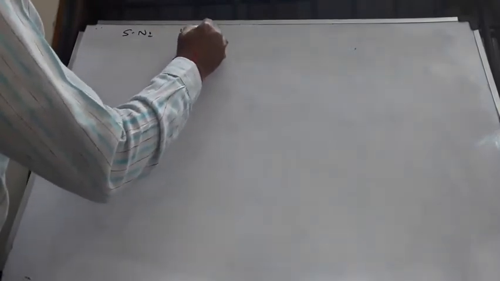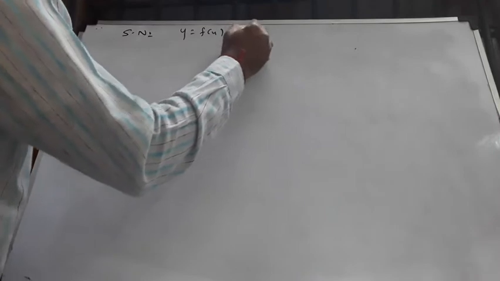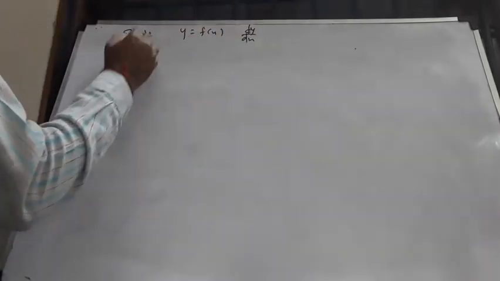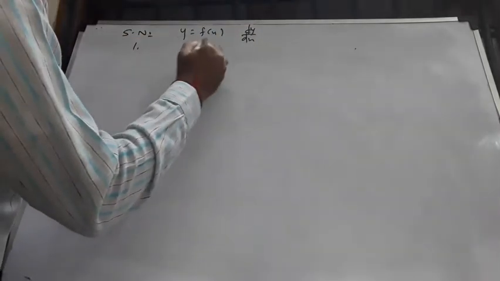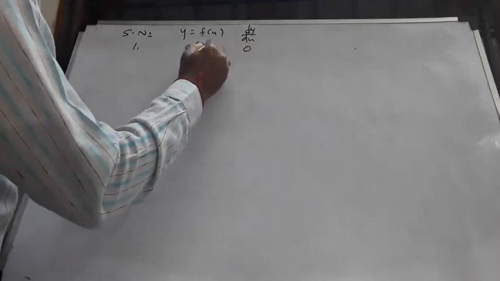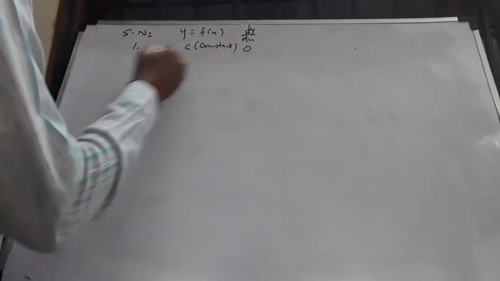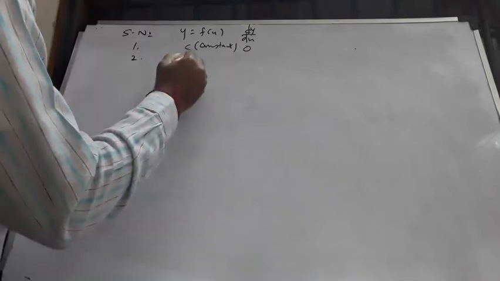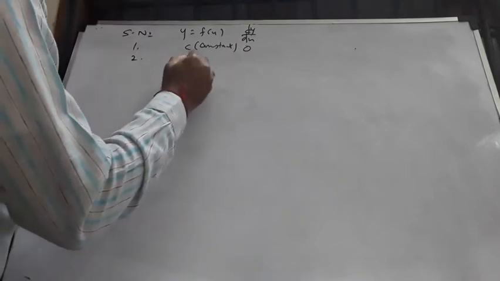Let me list out serial number, y is equal to f of x, this is dy by dx. When it is a constant, derivative is 0. Then sin x, derivative cos x.